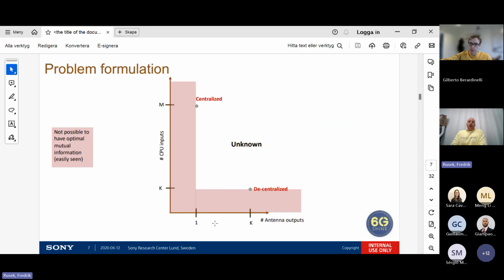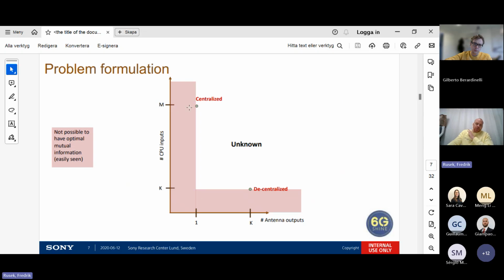And then the problem formulation is basically that we would like to not always operate either here or here. We would like to understand where we can operate and still be optimum. It is very simple to understand that it is absolutely impossible to work with lossless processing if you are in the red area.